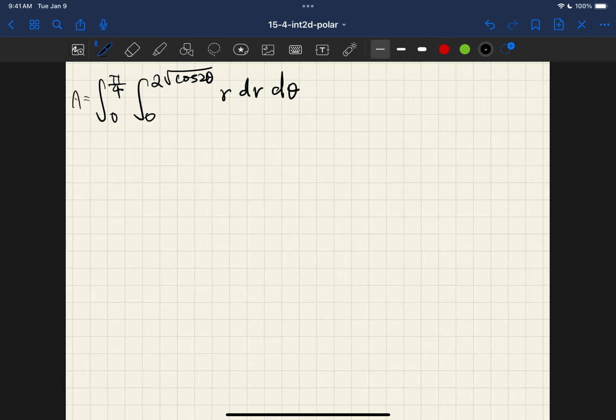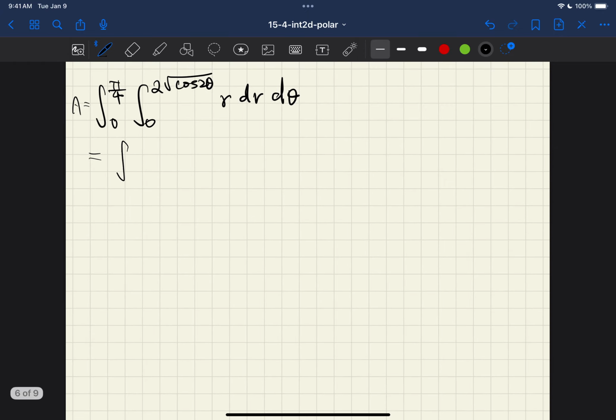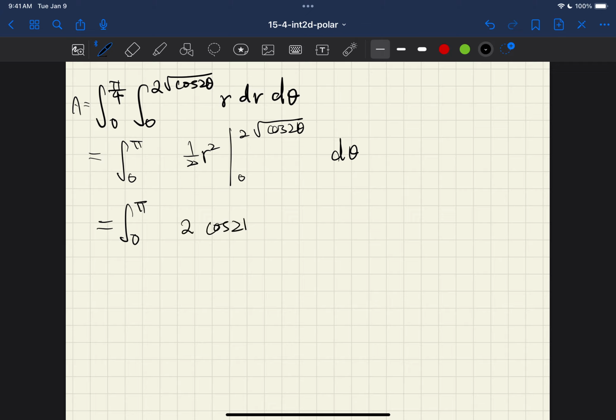So we calculate the area and come up with this formulation, and the antiderivative is 1/2 r squared, from 0 to 2 square root of cosine 2 theta, d theta. If you plug in and calculate, it is twice cosine 2 theta d theta.